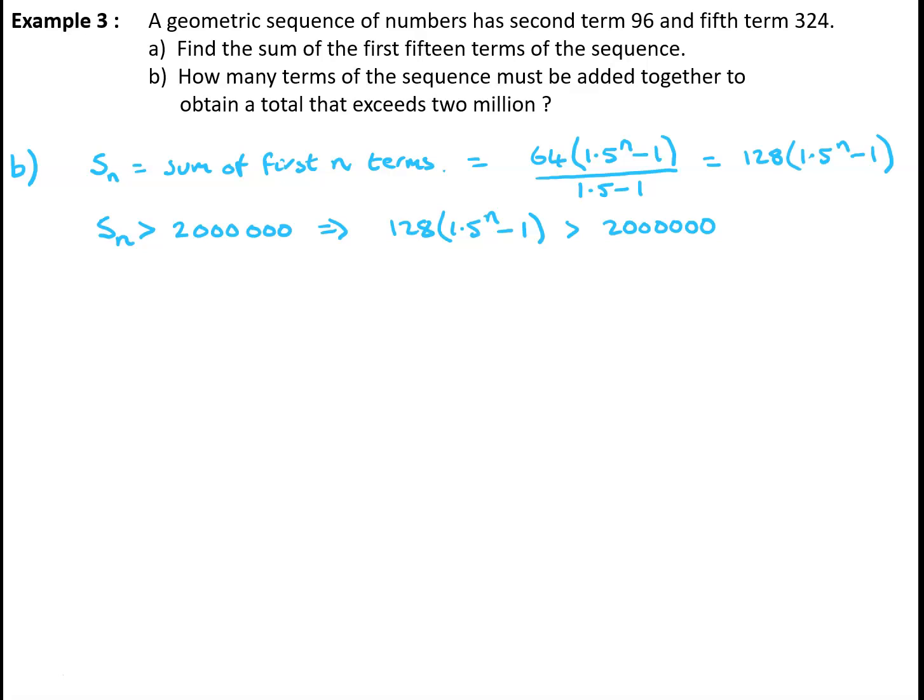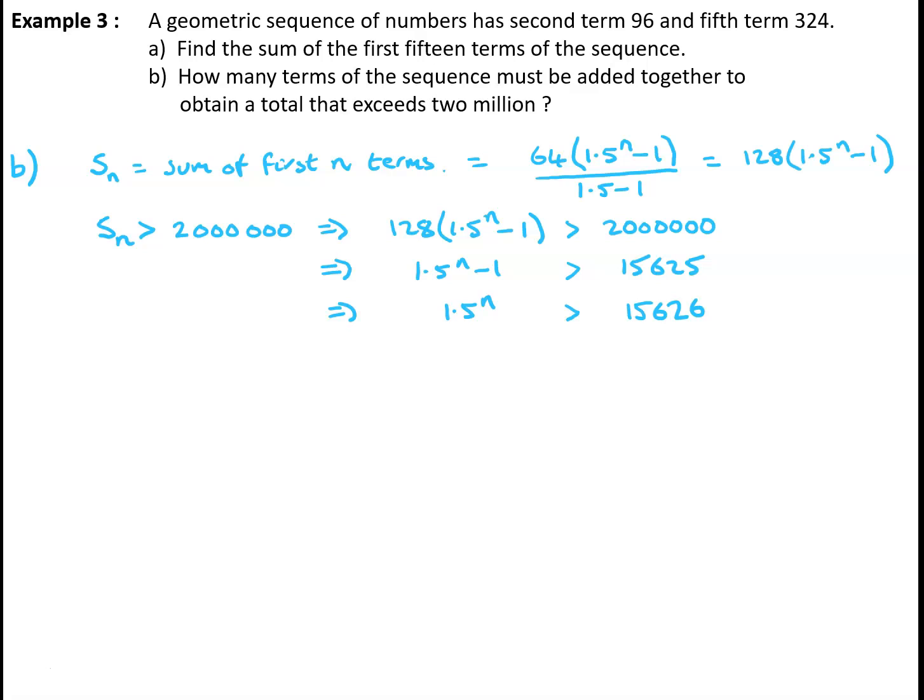128 times 1.5 to the n minus 1 is greater than 2 million. If we divide each side by 128, we get 1.5 to the power n, take away 1, has got to be bigger than 15,625. In other words, we've got 1.5 to the power n must be greater than 15,626.